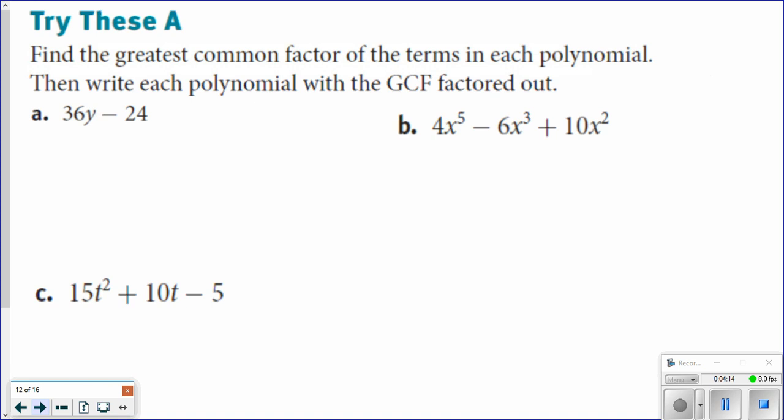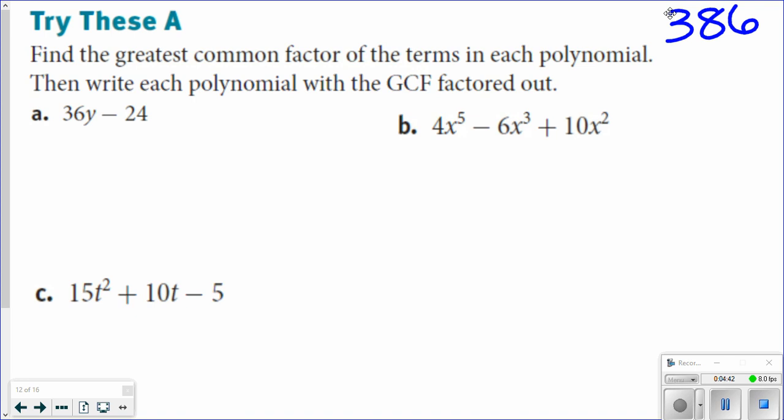All right, so go ahead and open your books now to page 386. We are still in lesson 26.1. We're identifying the greatest common factor, and then we're factoring out that GCF.